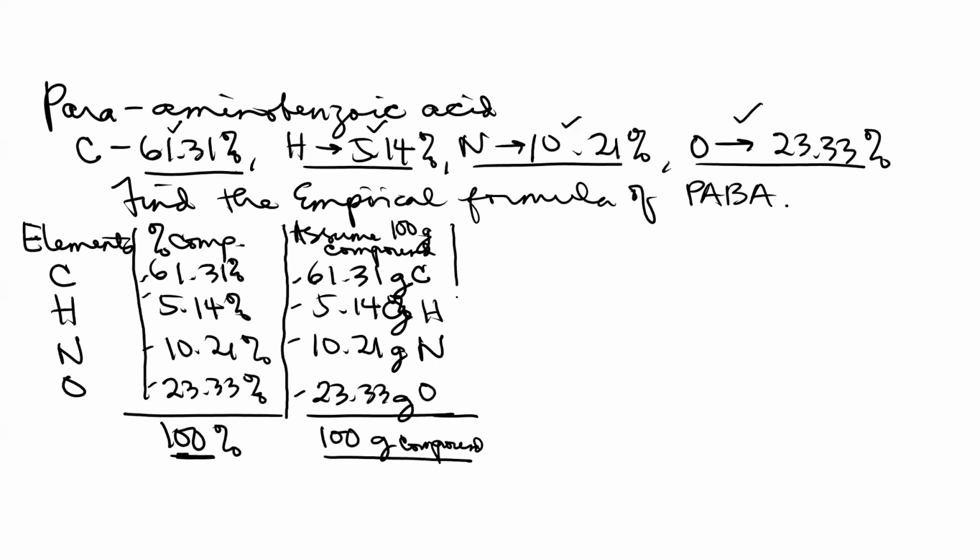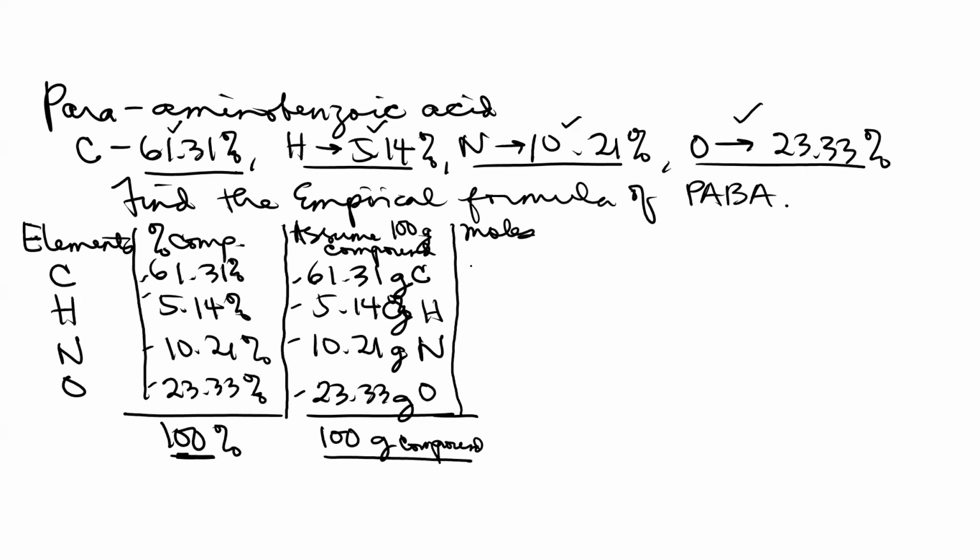Now, what do we do after this? So we need to convert, because the subscripts of the atoms in a particular chemical compound correspond to the mole ratio of the elements in that compound, then we need to determine the number of moles of each of these elements.